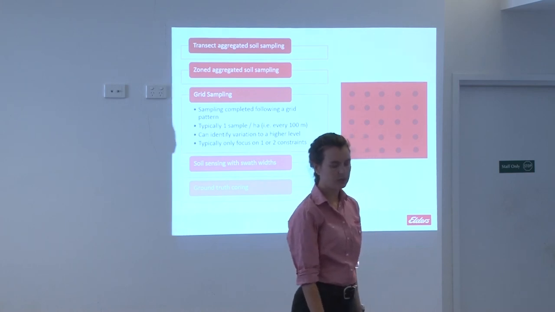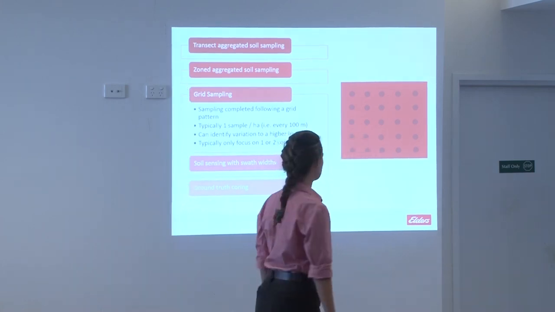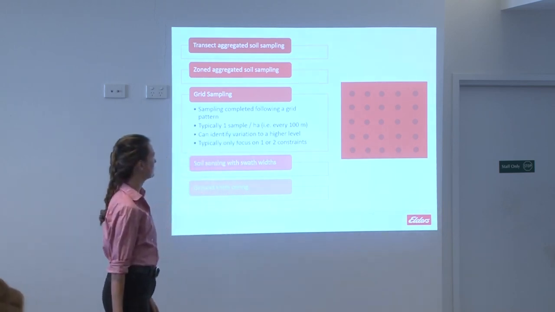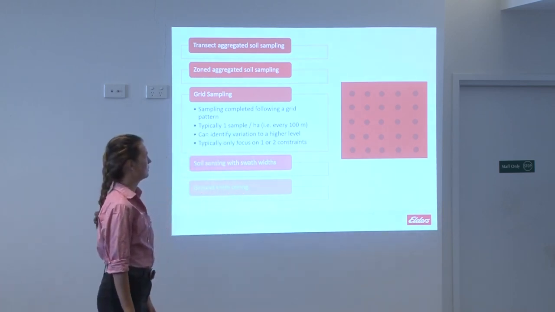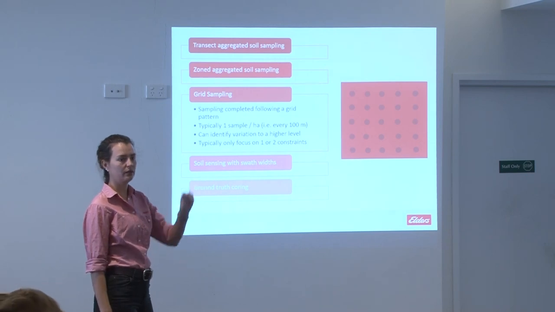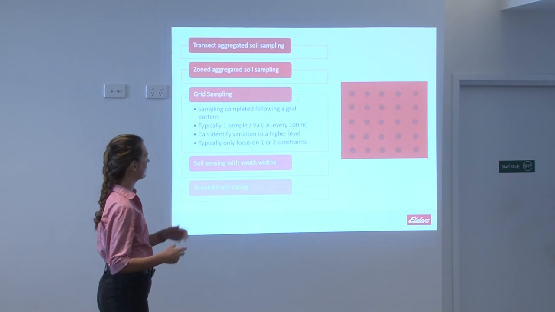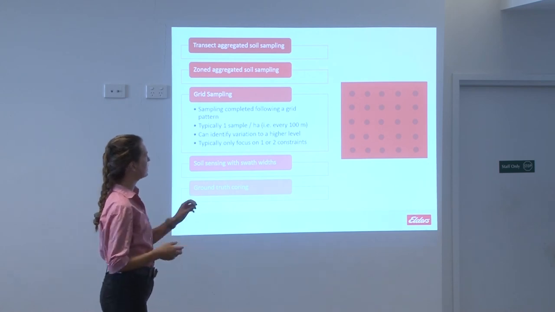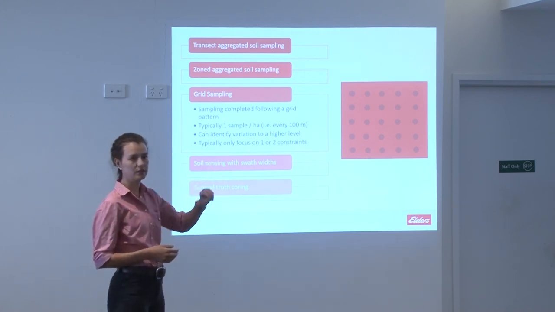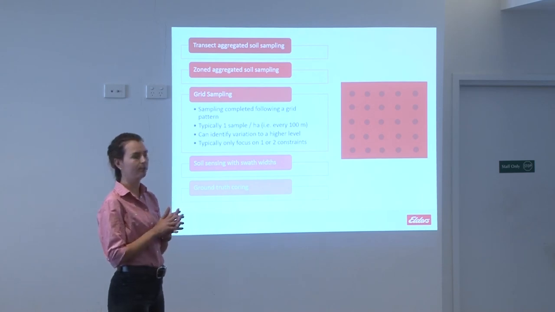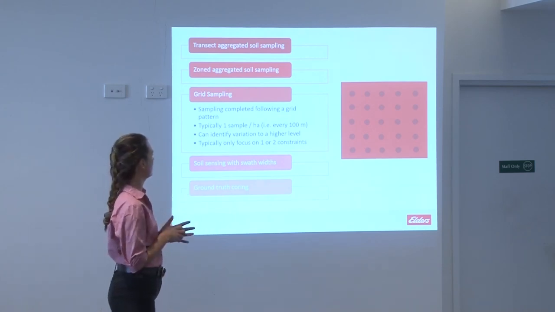Then the next would be going to a grid sample. So this is what Rory does a fair bit of. It's sampling following some sort of grid. So whether it's a 1 hectare grid, so every 100 metres, or it could be even more regular again. But that's where each sample is treated individually and tested, and you get the grid to then stitch it together and create a high-res map at the end.